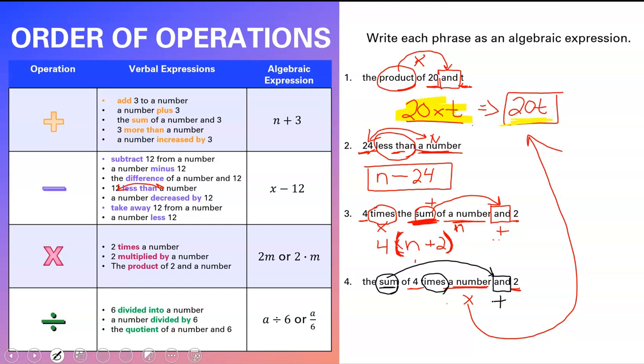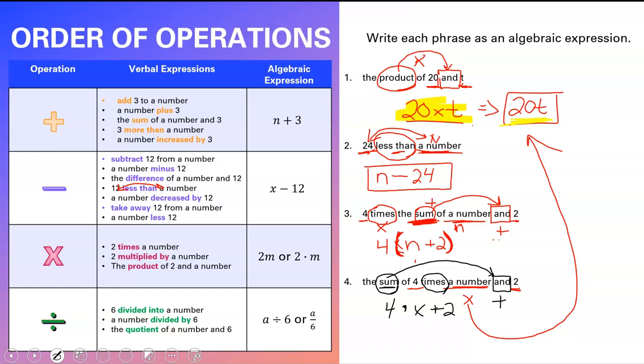Okay. All right, let's throw it all together. The sum. Well, that adding sign moved. Of 4. Okay, so 4 would be first. Times a number. We're going to put x. And 2. So that's where that addition goes. There.